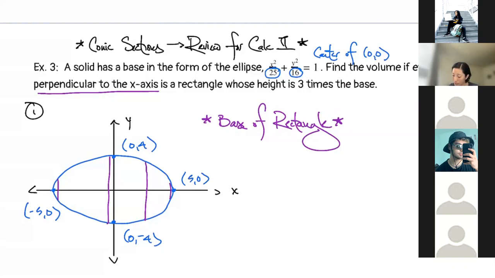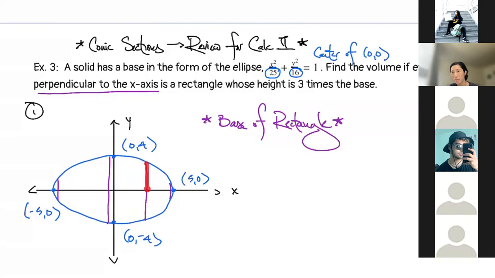So if, let's say, this base right here, how long is this base, by the way? Like the one in the very, very middle. Oh, it's 8. Okay. Let's say that this height were 3.